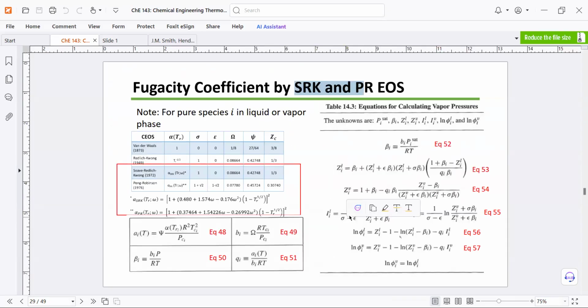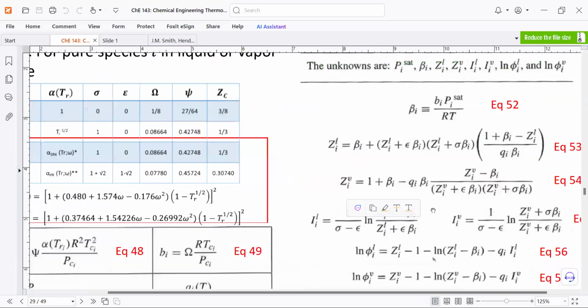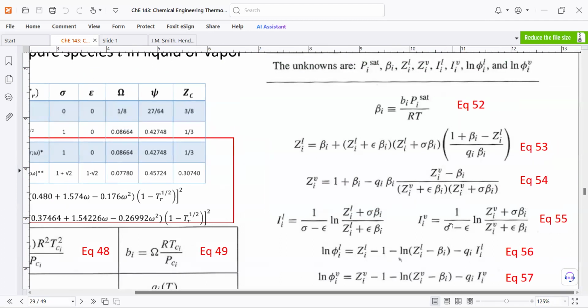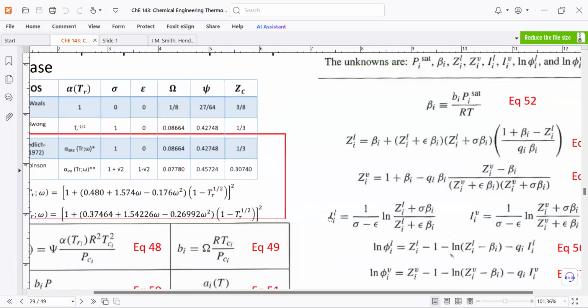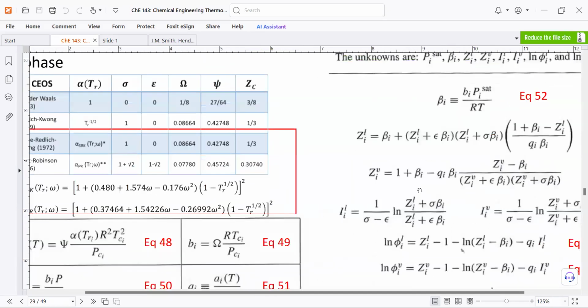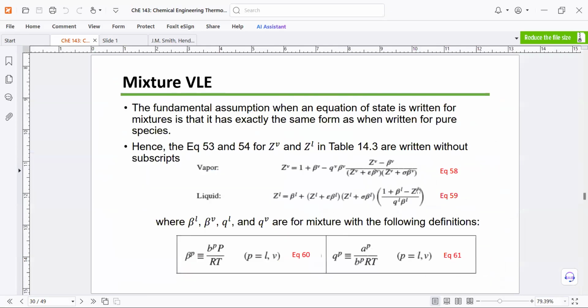And we also introduce a new parameter, which is actually just a rearrangement of other equations. We have I, which is in terms of Z, sigma, epsilon, and beta. So it uses the same parameters and just makes the calculation easier.